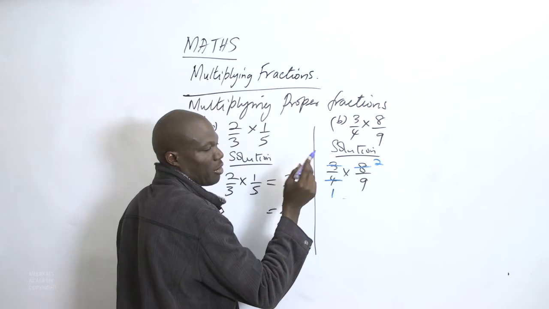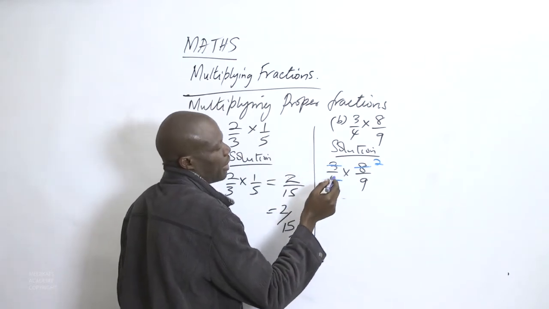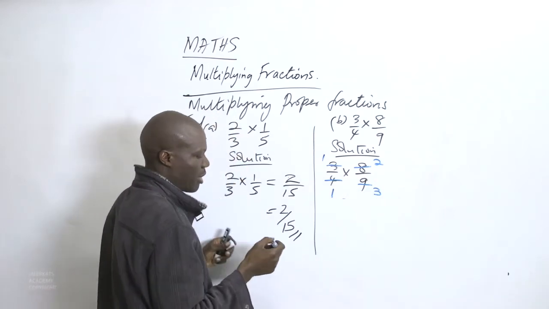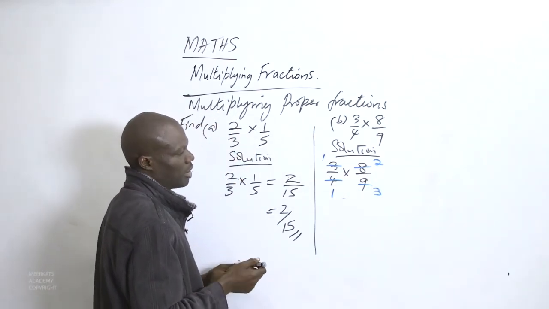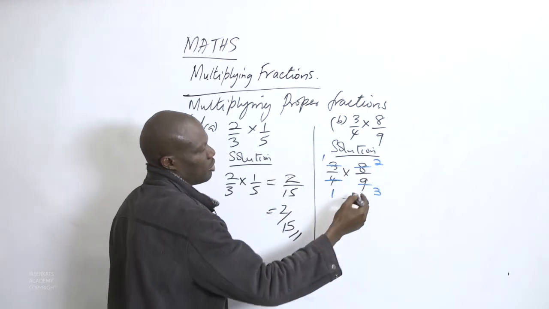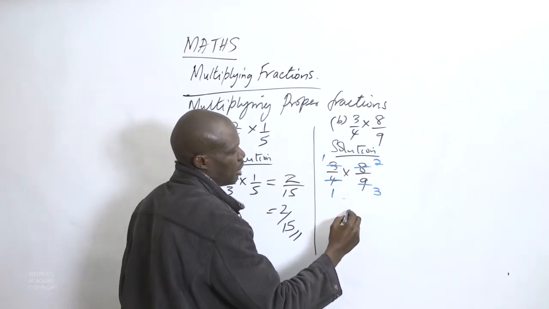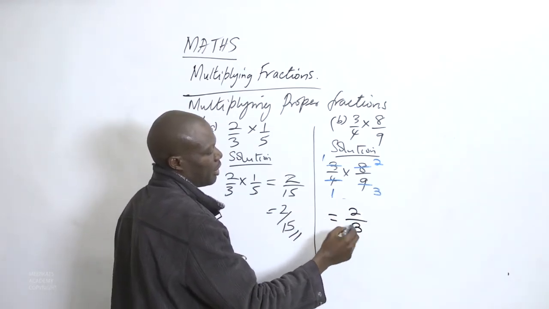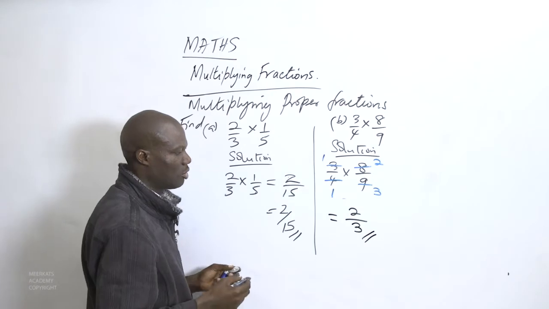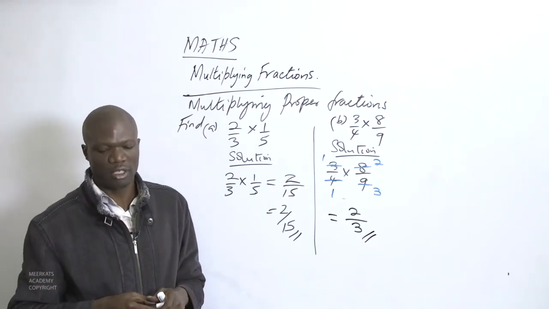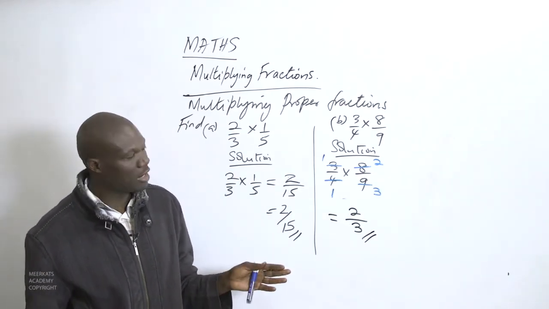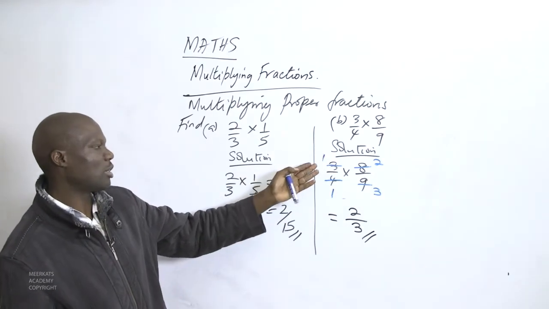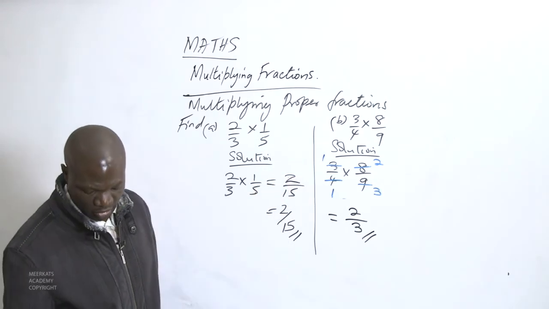This one by 3, we are doing it diagonally. By 3 here is 1, by 3 here is 3. Now we are ready to multiply, so we take 1 times 2, you get 2, and denominator 1 times 3, you get 3. So our answer is 2 over 3, and it is in its simplest form. Let us realize that in this question, we first had to cancel diagonally, and we cancelled 3 and 9, and also 4 and 8.